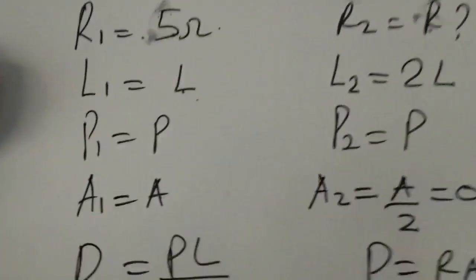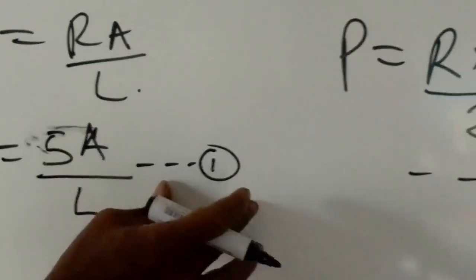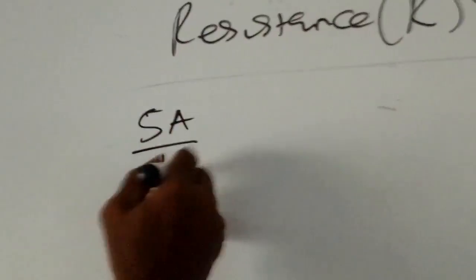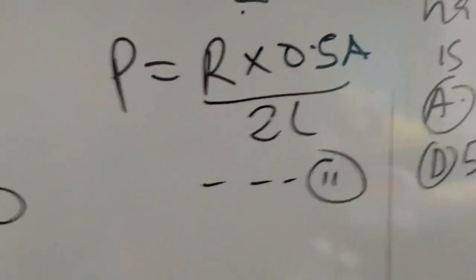That means equation 1 and equation 2 should be made equal to each other. So we now equate the two. Equation 1 is 5A over L, which is the value for resistivity. And equation 2 is R times 0.5A over 2L.